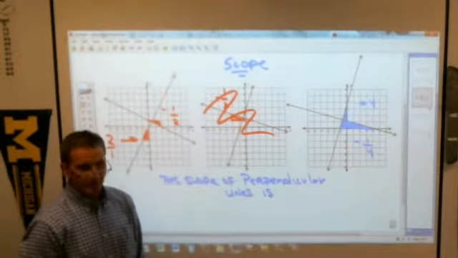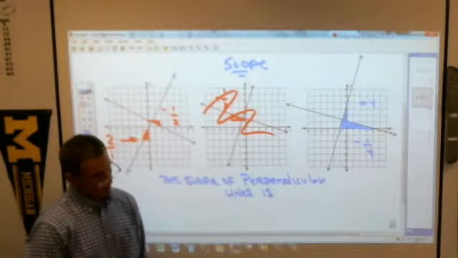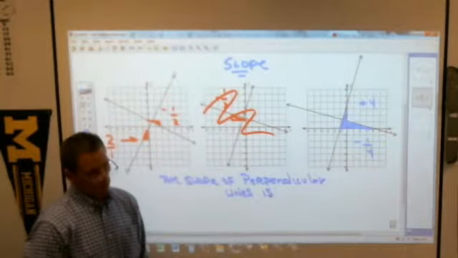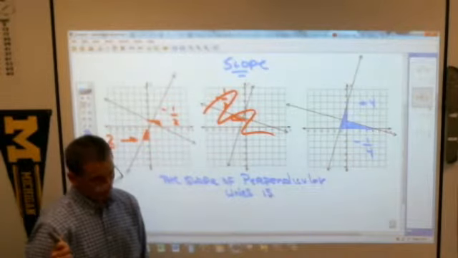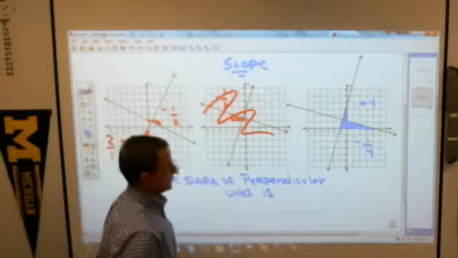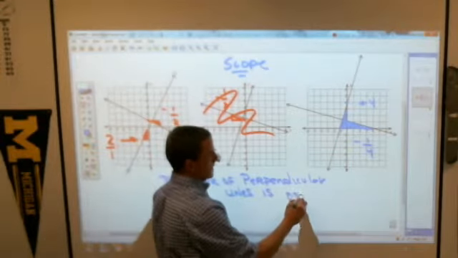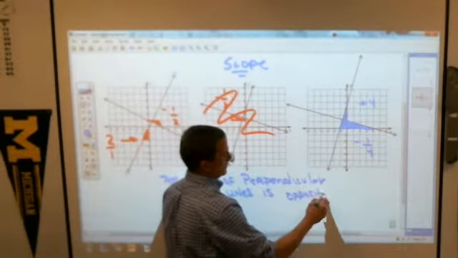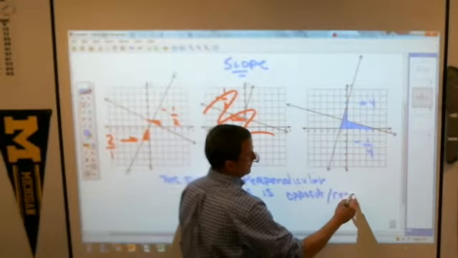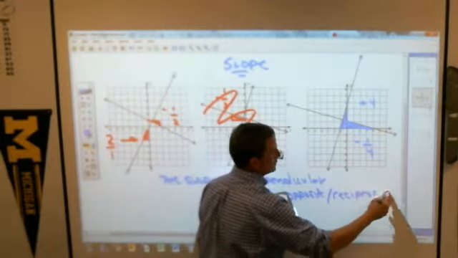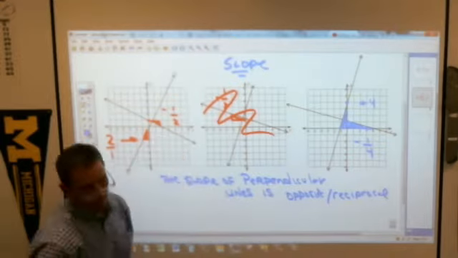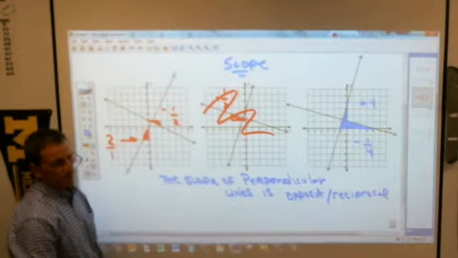Opposite. It depends on what your definition of opposite is. What's your definition of opposite? They're flipped and they are negative. It's opposite reciprocal, I like to say. Opposite reciprocal.